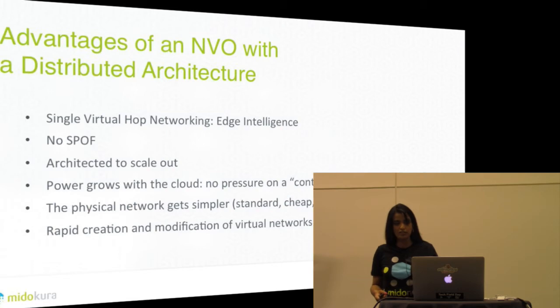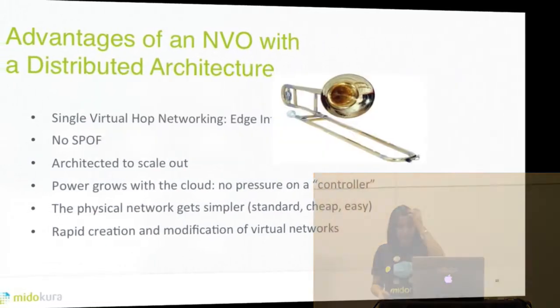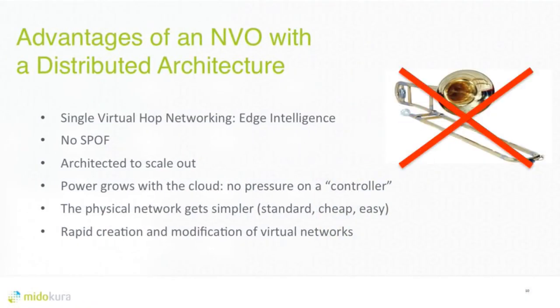So some of the advantages of network virtualization overlays with a completely distributed architecture are pushing that intelligence right to the edge. So, perhaps through an agent at the compute host, handling all the higher layer services, having that intelligence at the edge in whatever needs to be applied for packets being sent out of that compute host. Eliminate the single points of failure, making your cloud networking highly available, and architect that to scale out.